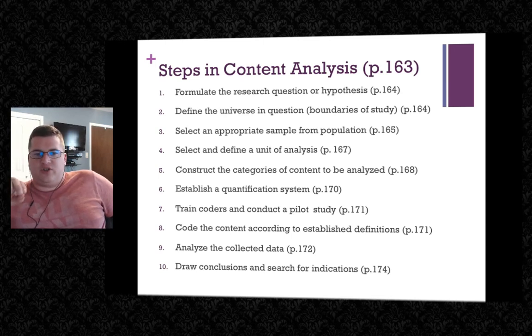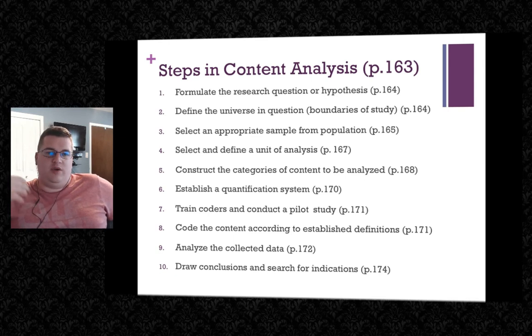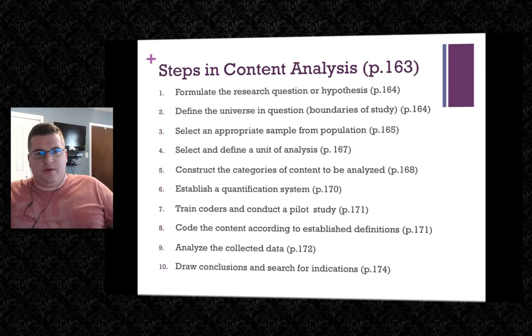Moving on into number 6, establish a quantification system. In other words, how are we going to count them? How are we going to mark down the times we see this? How are we going to then do the appropriate math and sum out all of our results?